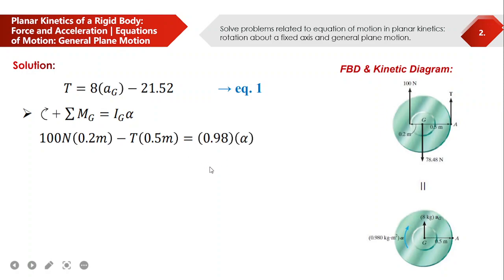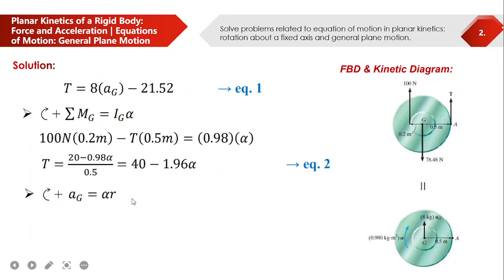We already computed I sub G as 0.98. So our second equation is T equals 4 minus 1.96 alpha.